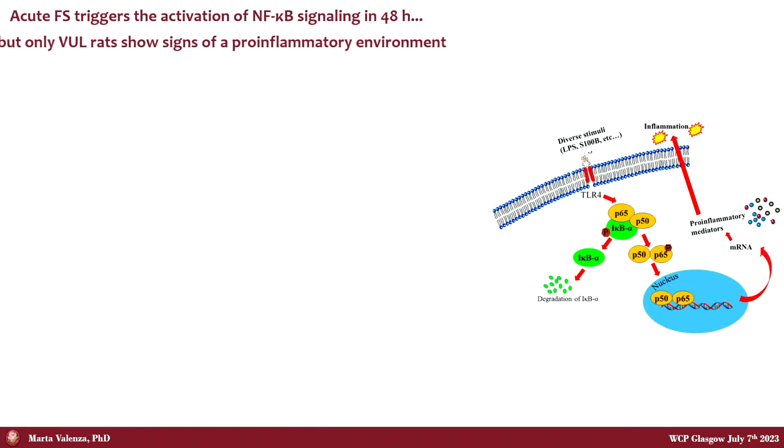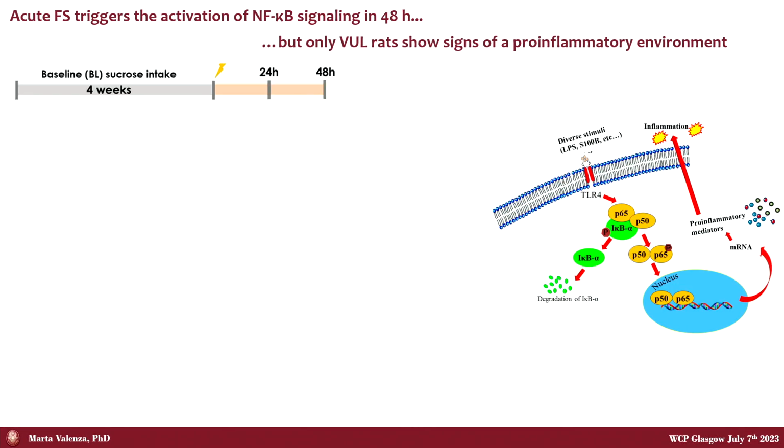So we checked for signs of neuroinflammation, especially related to this pathway that is active in reactive microglia, and that involves the toll-like receptor 4 and the activation of the NF-κB pathway that could lead to a pro-inflammatory environment.